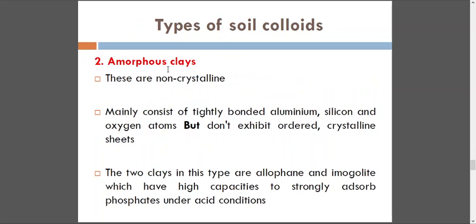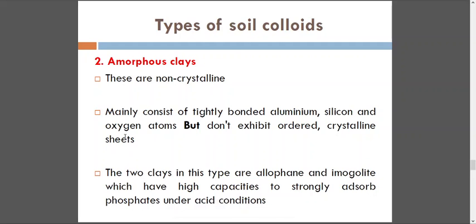Then the second type are the amorphous clays, or the non-crystalline silicate clays. And these are non-crystalline, like the name says, and they mainly consist of tightly bonded aluminium, silicon, and oxygen atoms. But they do not exhibit the ordered crystalline sheets.